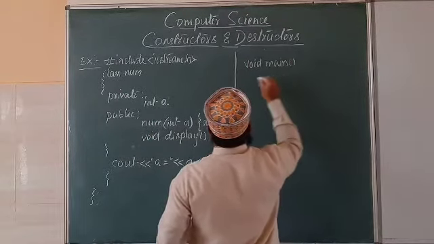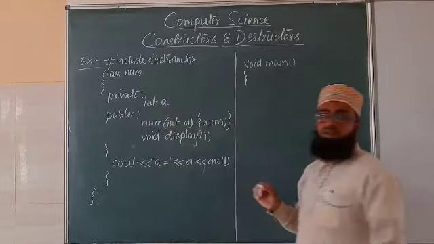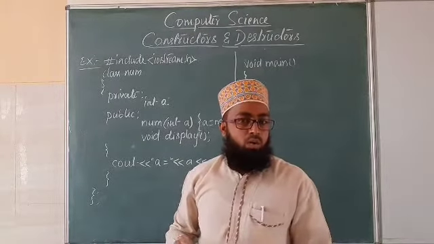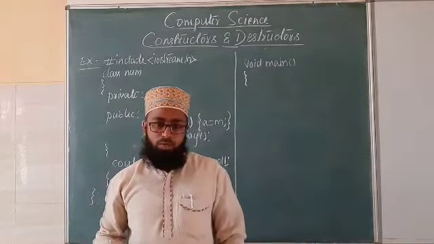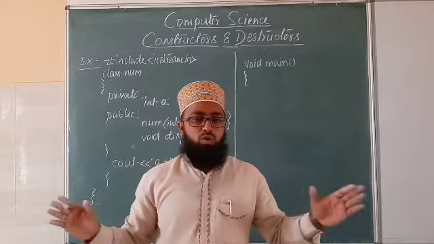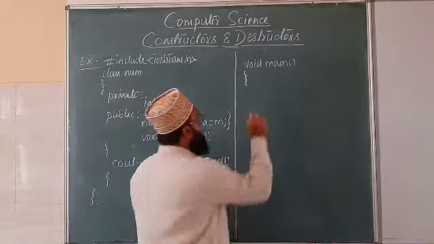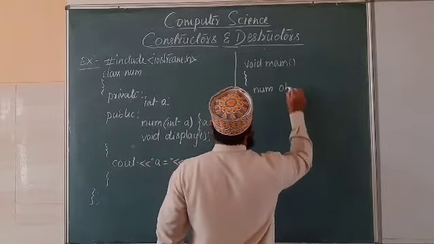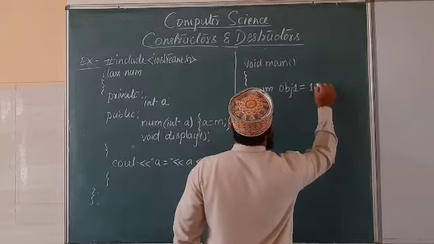After this, write the main function, void main. Now come to the point. Okay, declaration. How? With only the assignment operator and values to be initialized. No arguments, no parenthesis, nothing. Okay, then Num object1 equals 10.